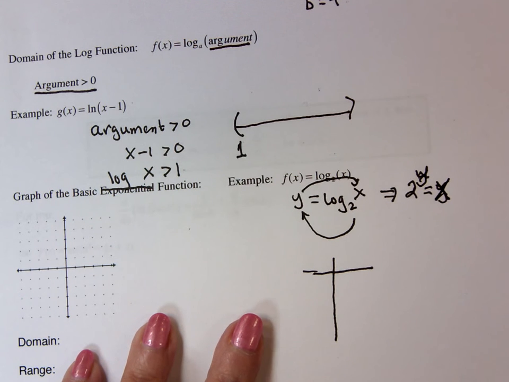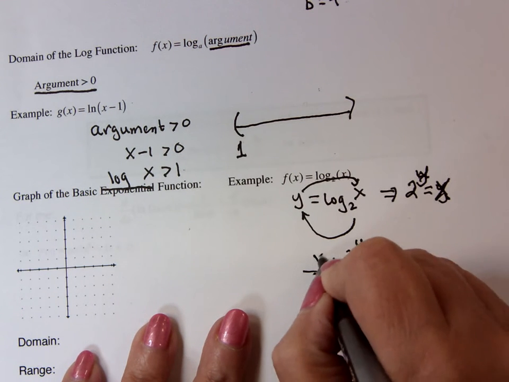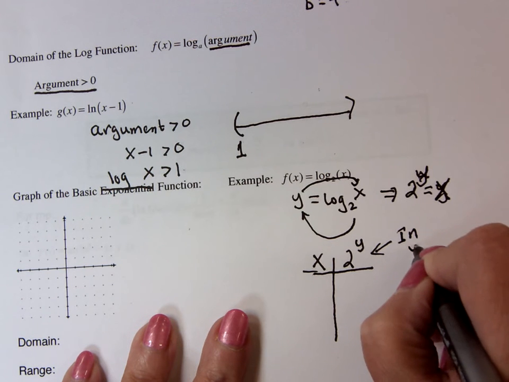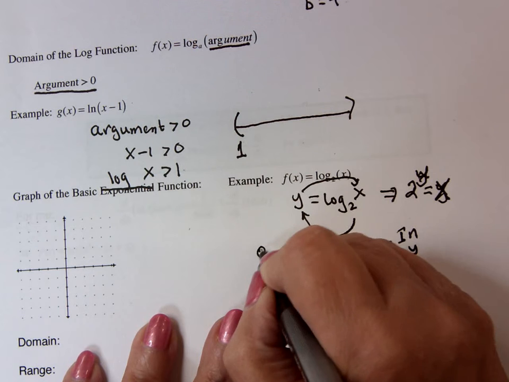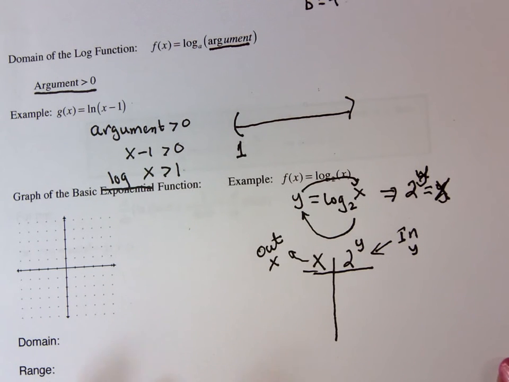2 to the y is equal to x. So I'm going to put in y's, and I'm going to get out x's, because remember, that's the inverse of the exponential function. So put in y's, get out x's.